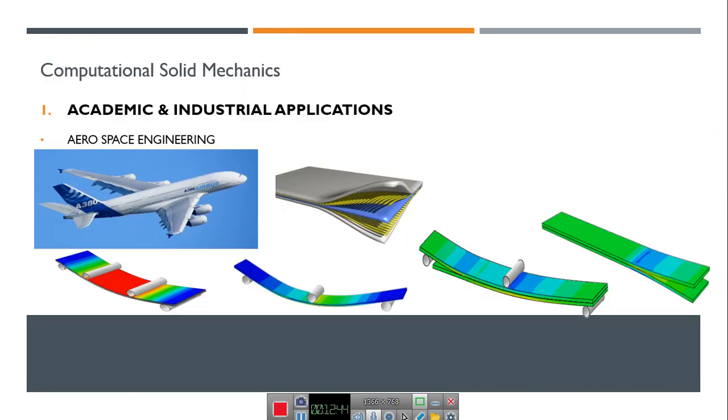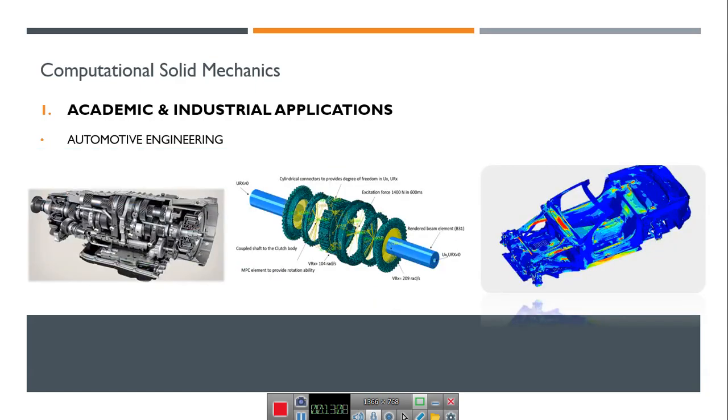Here we have some examples of the academic and industrial application of computational solid mechanics. In aerospace engineering, to ensure the integrity of different part components or also the overall structure, we use the finite element method by simulating different kinds of experimental tests. Also in automotive engineering, we can simulate the body structure integrity or different components.